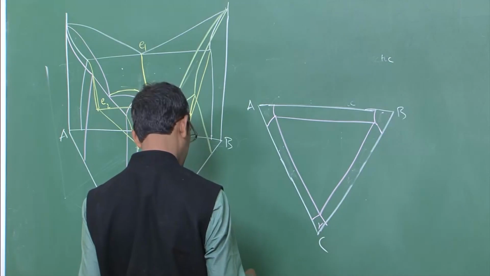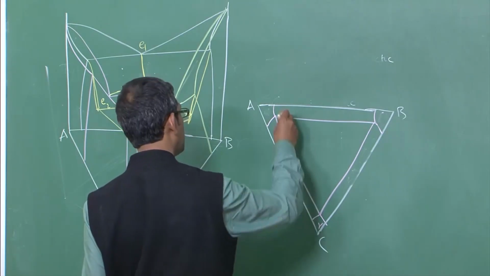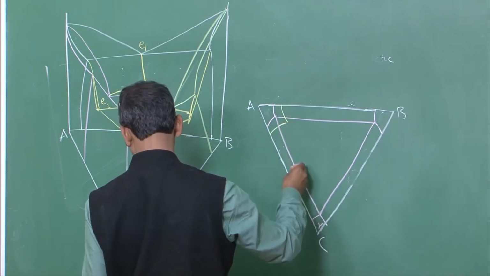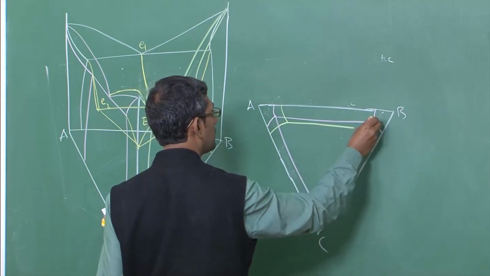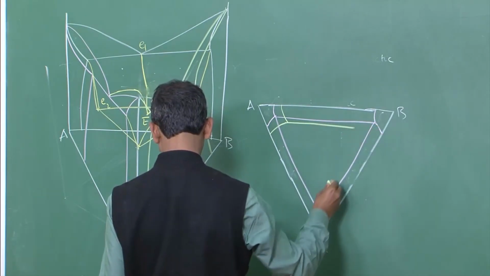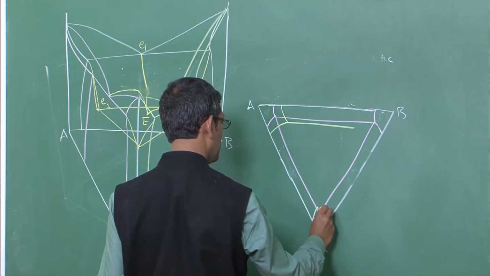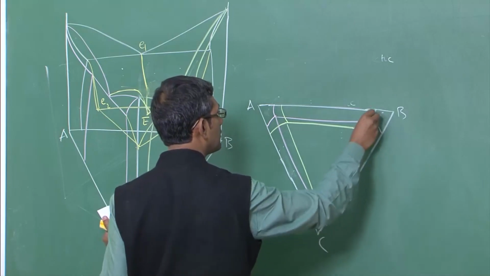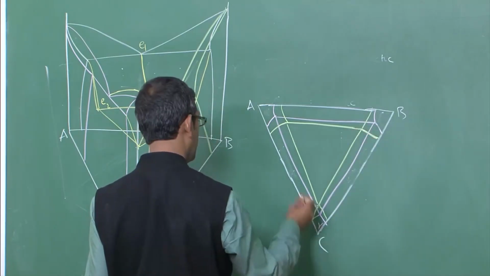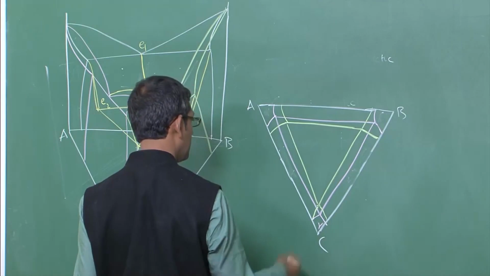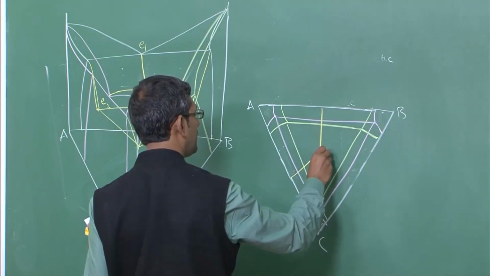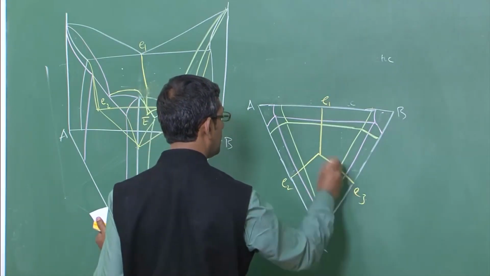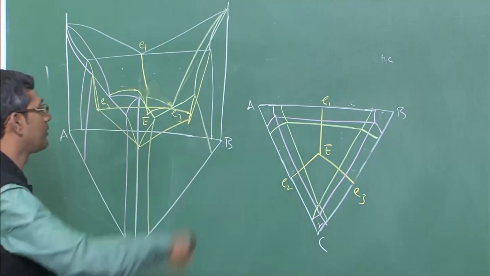And now, we can draw these projections. And finally, I can draw 3 eutectic lines meeting at a point E1, E2, E3, E. So, if I project everything, this will look like this.